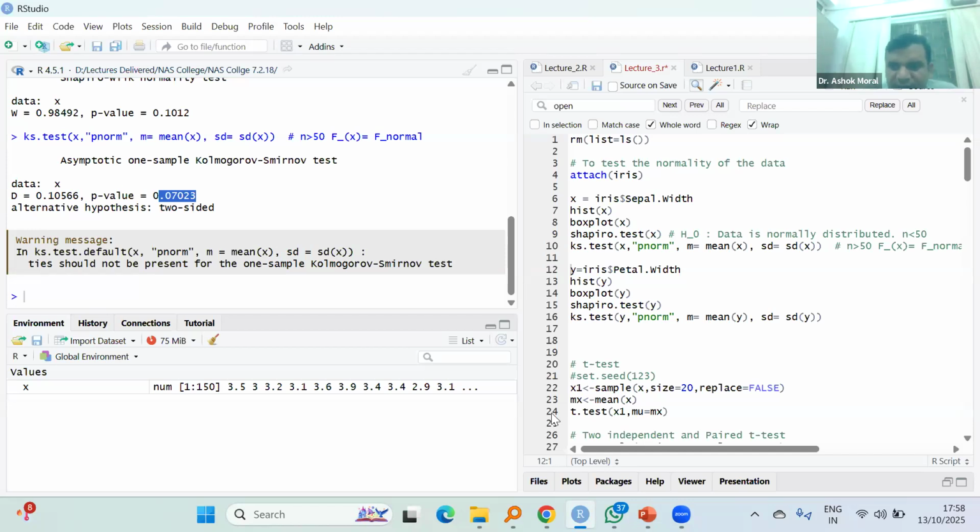So in that case, what will be the decision? Is this data normally distributed or not normally distributed? Just type. Response, please. What will be our decision?